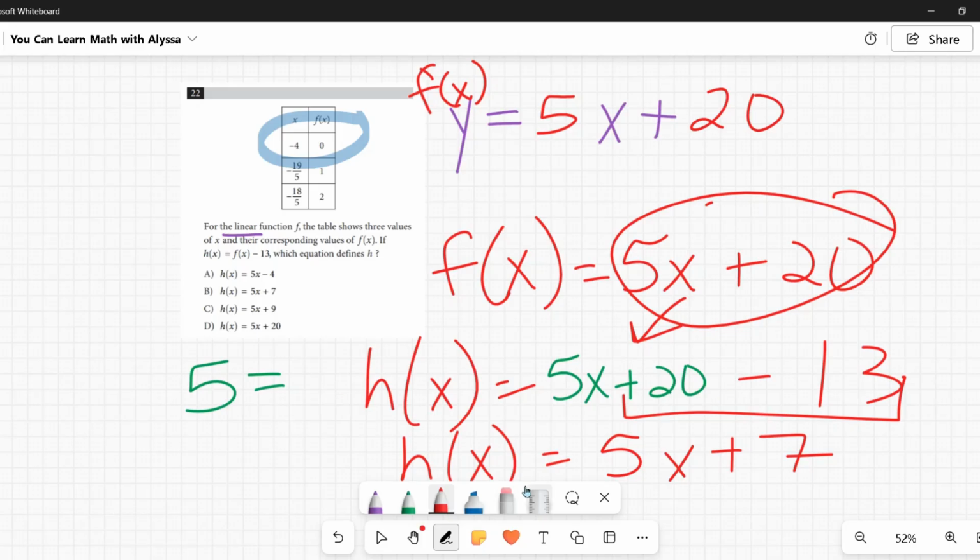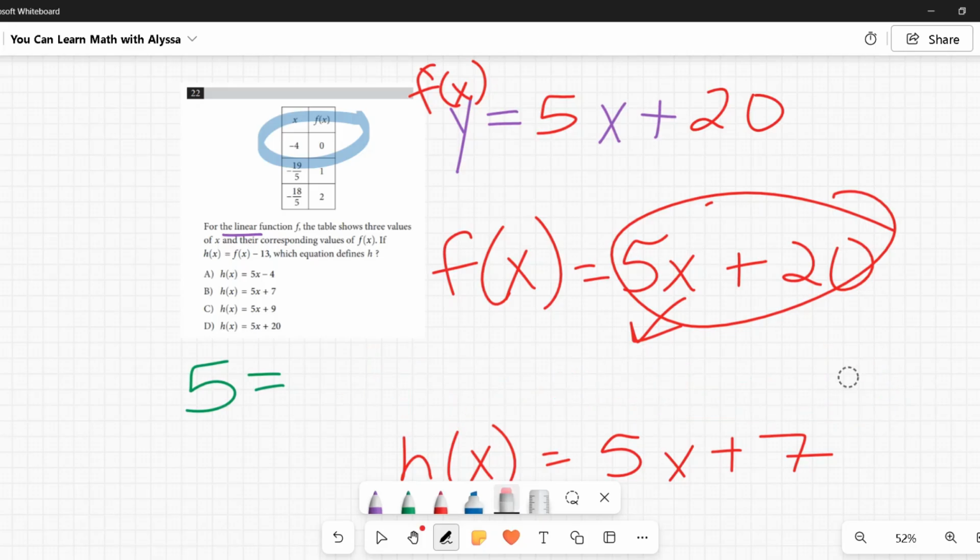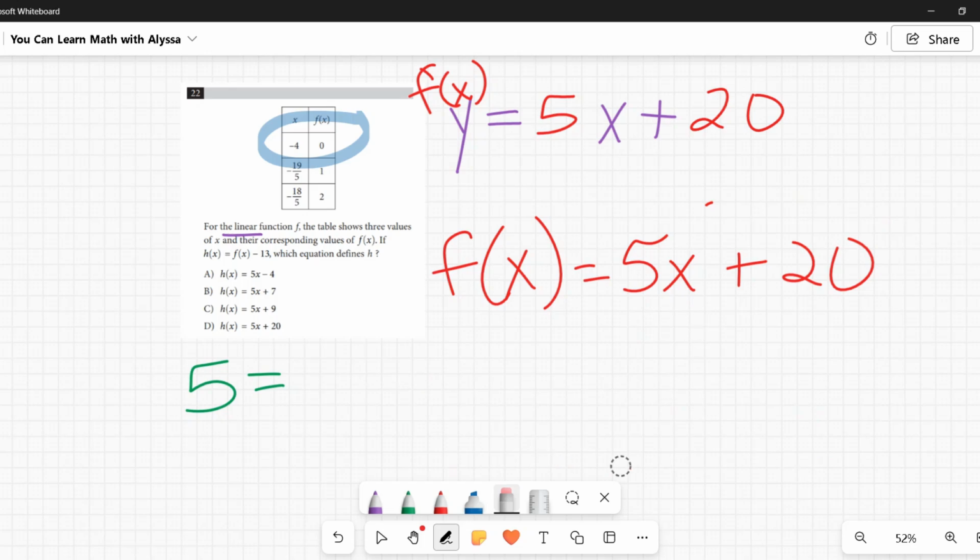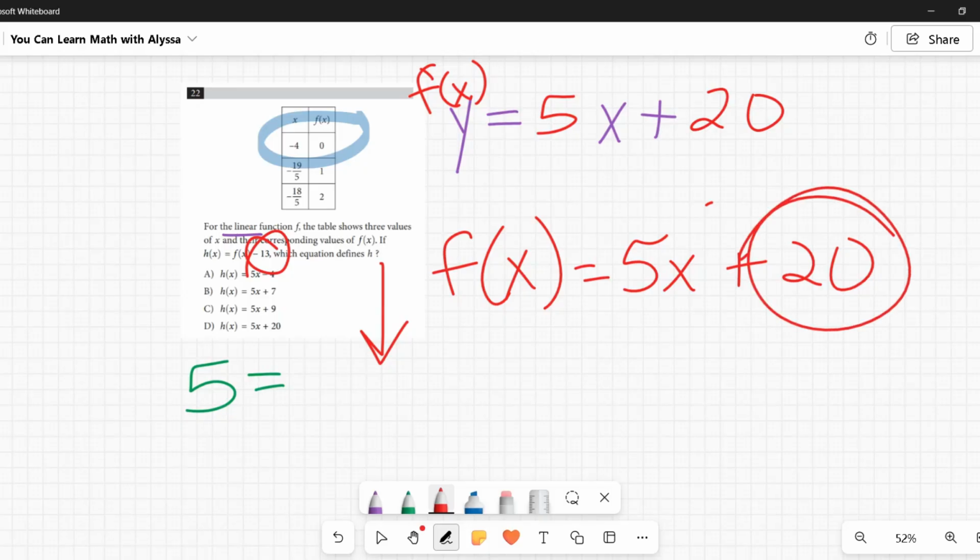All right. You also could even say, honestly, at this point right here, since it's minus 13, if you understand, or if you've studied, which I highly recommend you do, I have videos on this kind of thing about transforming functions. If you understood that minus 13 would bring it down 13, you go, oh, here the y-intercept is 20.